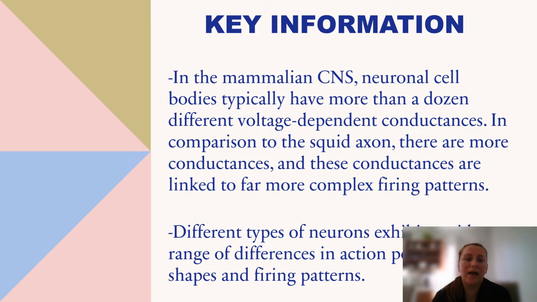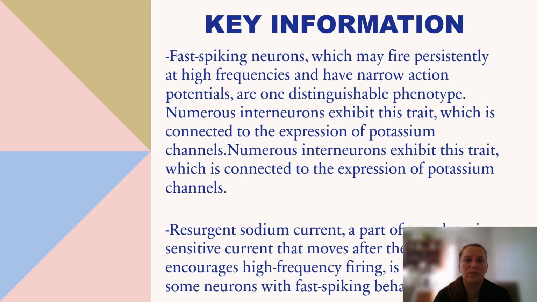Another thing is action potential shapes and firing patterns differ widely among different types of neurons. One recognizable phenotype is that of fast spiking neurons, which are capable of firing steadily at high frequencies and have narrow action potentials.